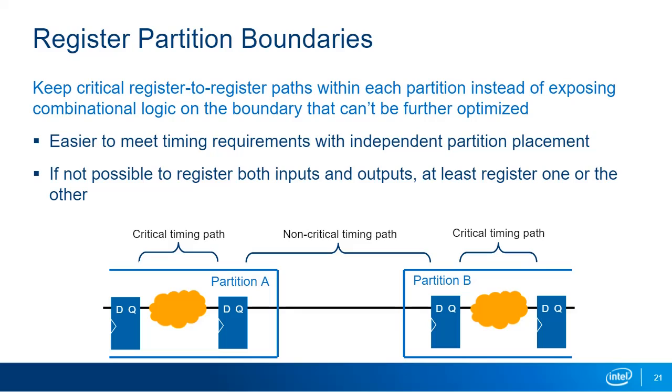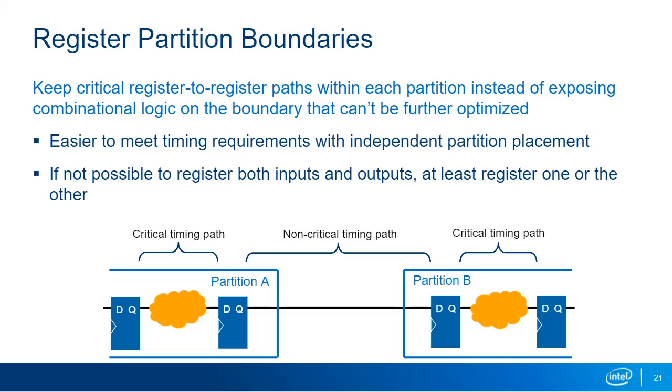This means the delay between partitions will only consist of routing delay, with no logic crossing partition boundaries that would require optimization. This serves to make your partitions timing independent, loosening any placement restrictions with respect to the location of other partitions and increasing the effectiveness of fast preservation.